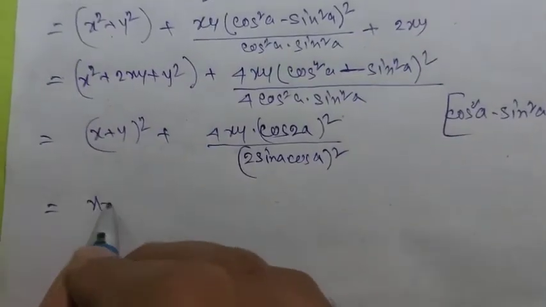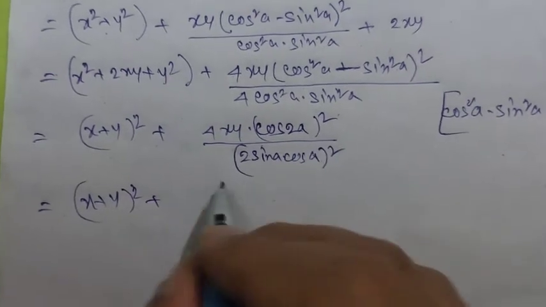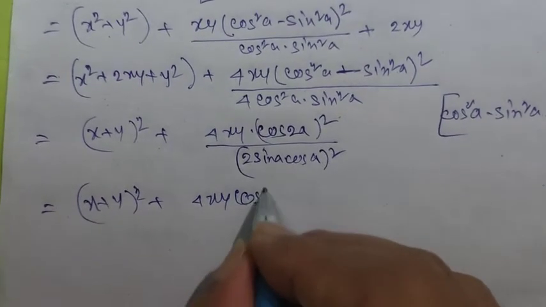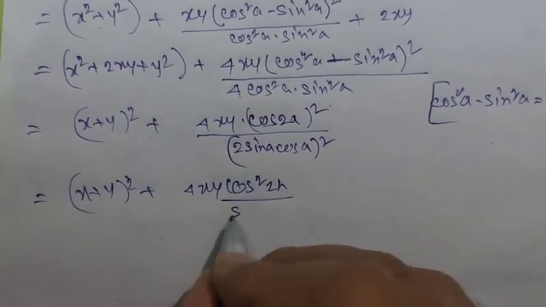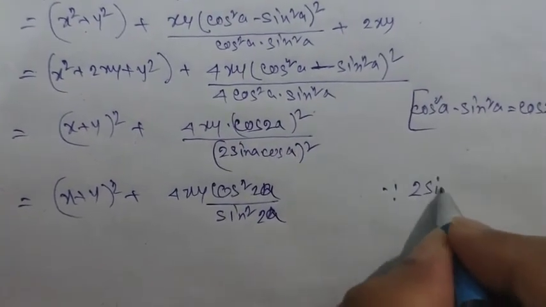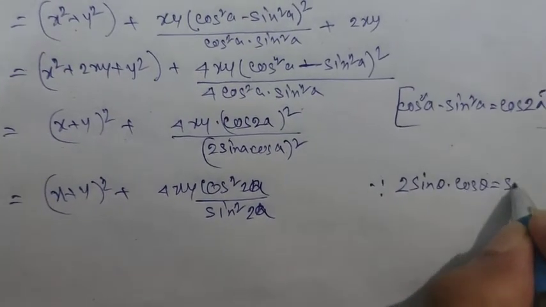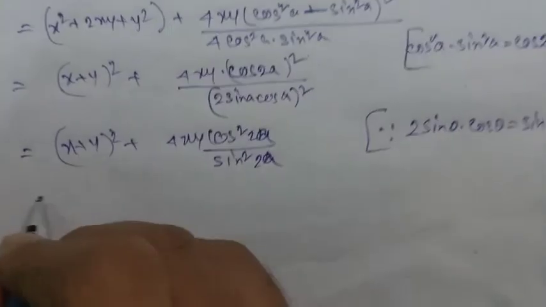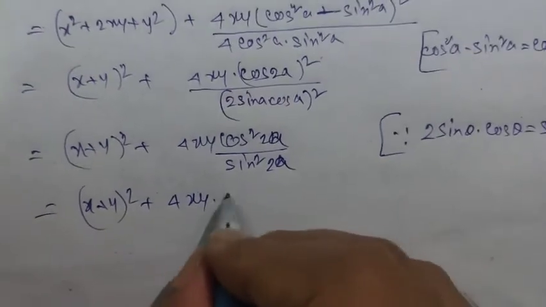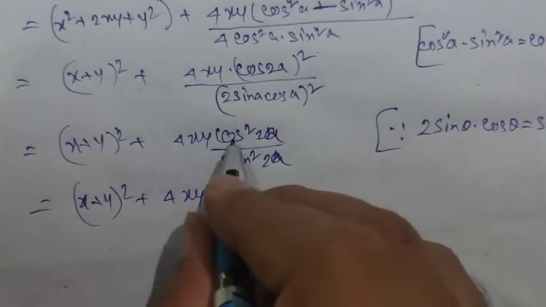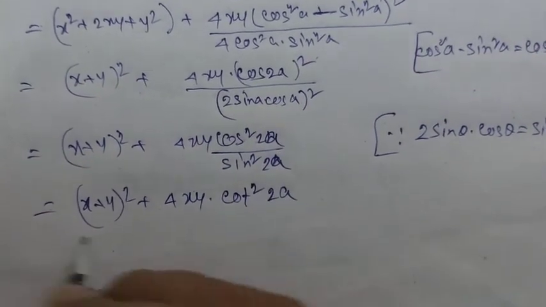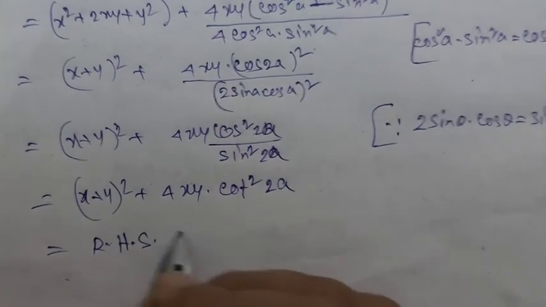Now here (x + y)² plus we can write 4xy into cos² 2a by sin² 2a, as 2 sin θ cos θ equals sin 2θ, we know. So now (x + y)² + 4xy cos² 2a by sin² 2a. So cos by sin, we know, is cot, so cot² 2a equals RHS, hence proved.